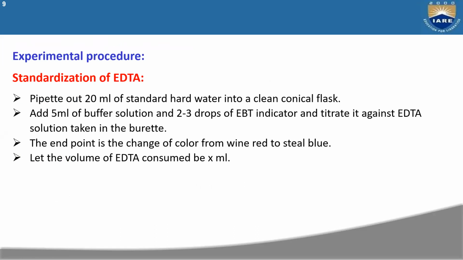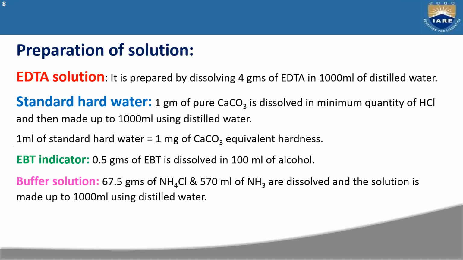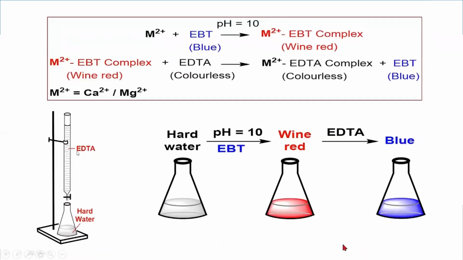Experimental procedure. The first step is standardization of EDTA. Already you know the burette solution. We place the burette on the stand; this is a burette and this is a conical flask.